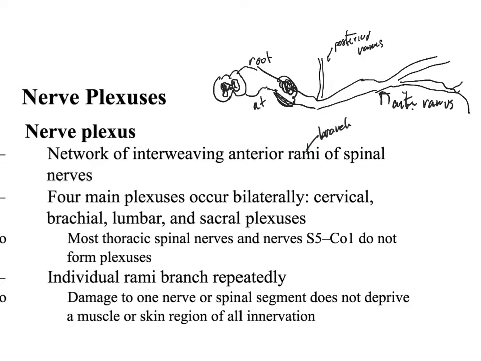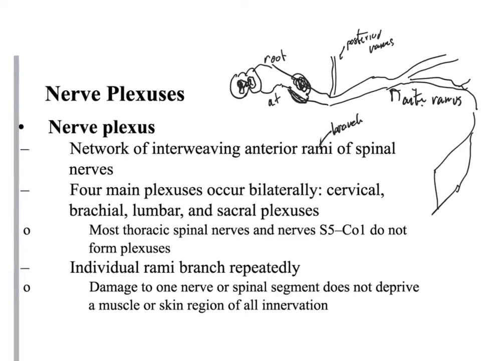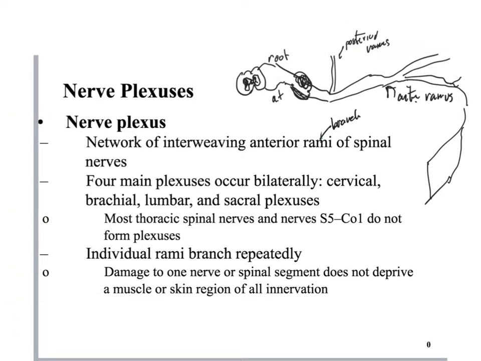And then in some places it comes back together and forms a plexus. You'll see that the drawing is not very good, but it's just to help you think about it. There are four main plexuses that you need to be responsible for, and you'll see that there are many nerves that come off them. So you have the cervical, brachial, lumbar, and sacral plexuses.